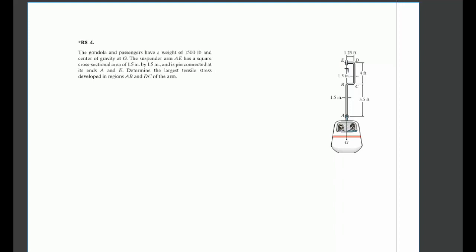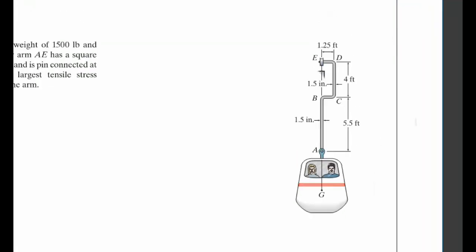So the question is asking, the gondola and the passenger have a weight of 1,500 pounds and center of gravity at G. The suspender arm, AE, where is the suspender arm?